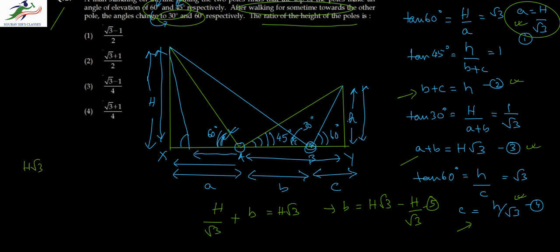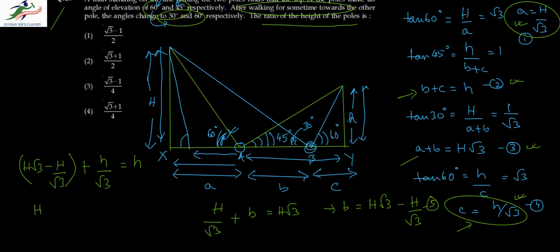So H root 3 minus H over root 3, which is b, plus c, the value of c is small h by root 3, is equal to small h, as per the second equation. So now we've eliminated a, b and c, and from here we can calculate it very simply.